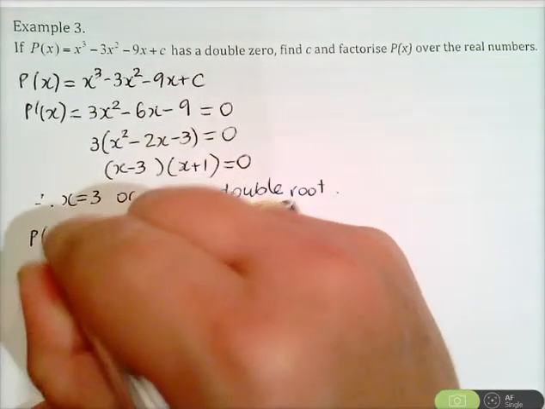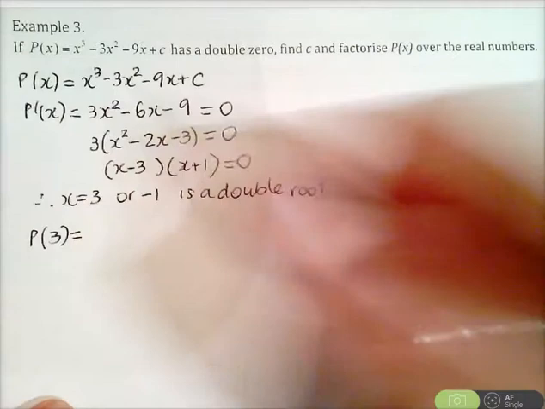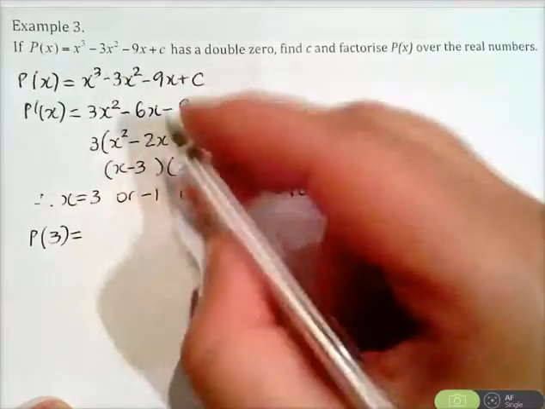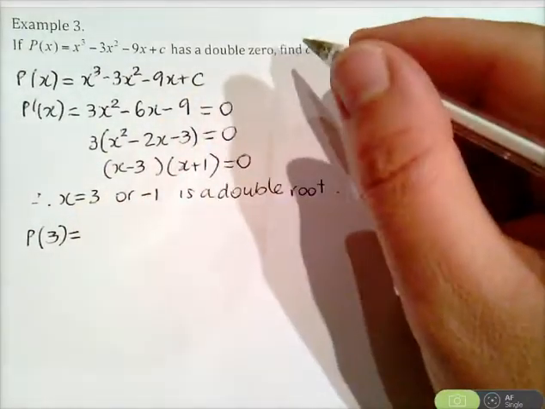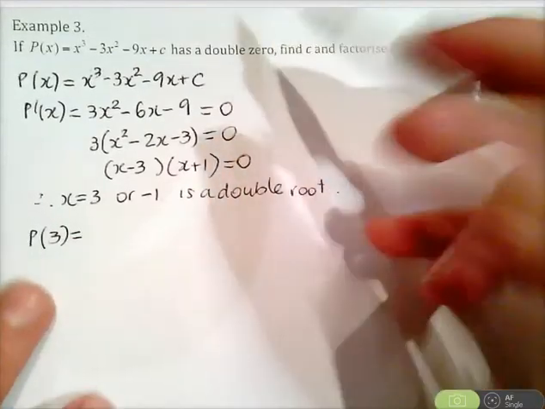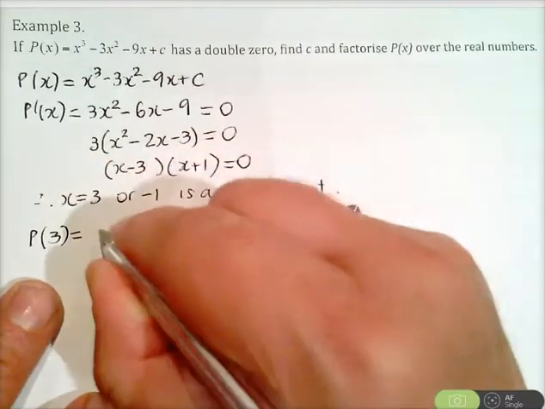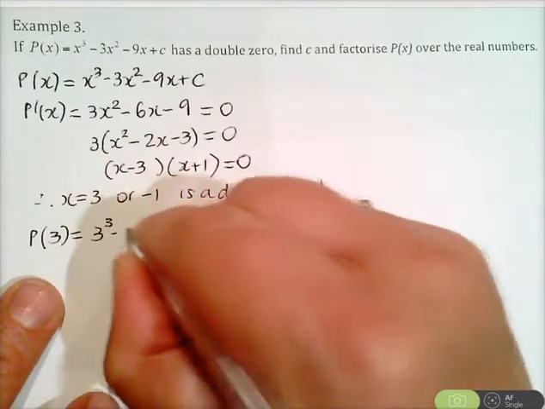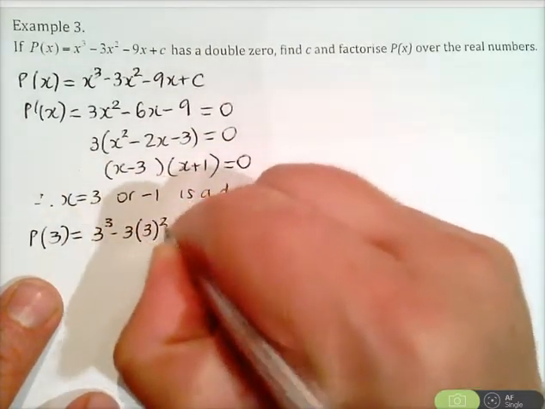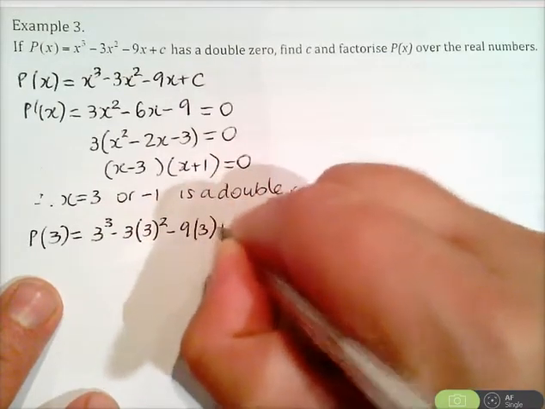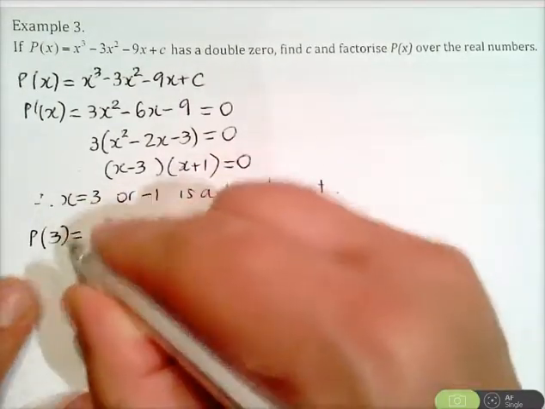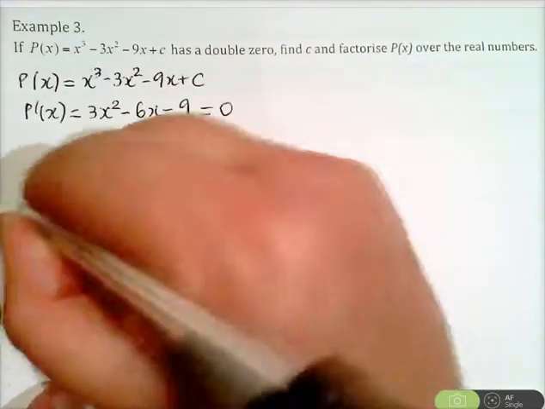So let's look at p of 3 and just see what we get. And we can also try p of negative 1. So p of 3, actually we're not going to get 0 because we've got this constant c and we don't know what it is. So p of 3 is 3 cubed minus 3 times 3 squared minus 9 times 3 plus c. Now actually we've got cases here.